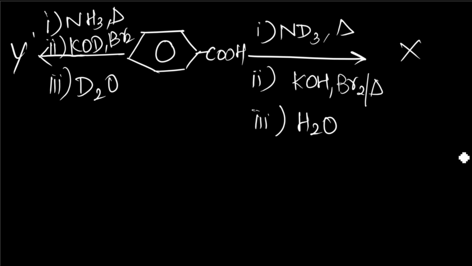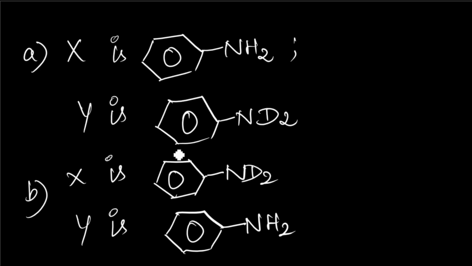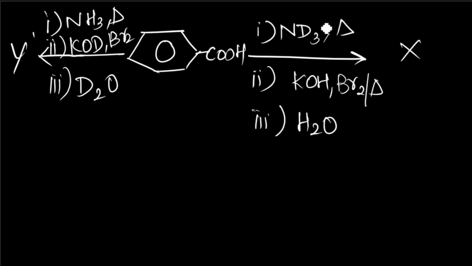This is a very simple question if you could see that, but they are asking it with isotopes. The question is: what are X and Y? So let's see about X. Benzoic acid I have, treating with ND3, instead of hydrogen I'm having deuterium, an isotope of hydrogen, ND3 and heat.